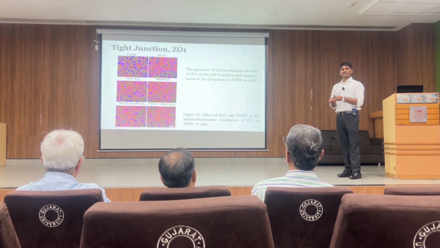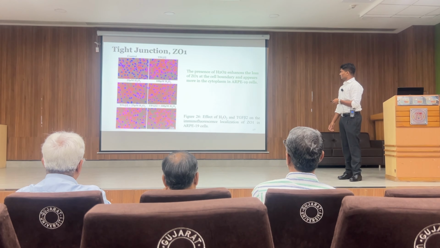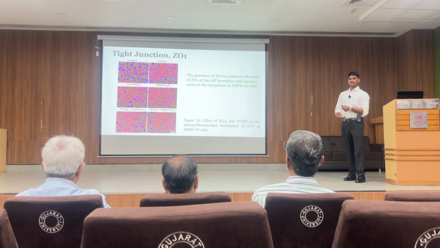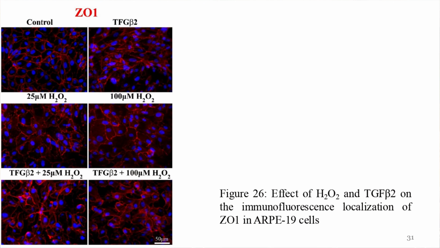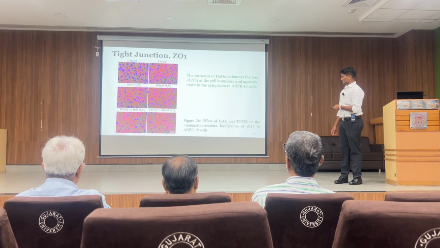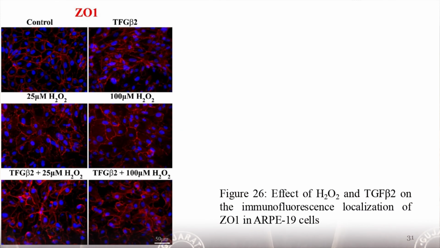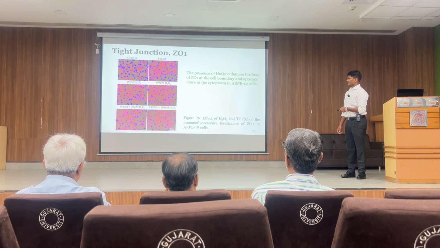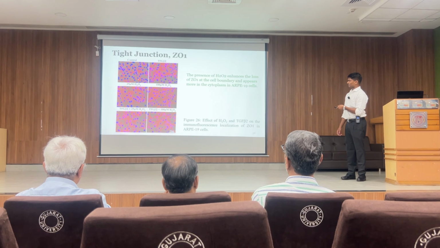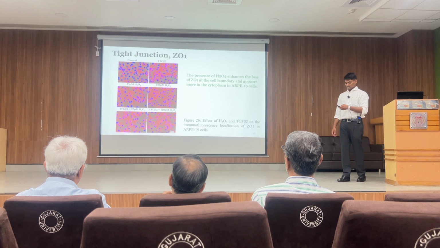This picture explains the disintegration of the tight junction protein ZO1. From this lowermost picture, when we compare with the normal ARPE-19 cells, we can see delocalization of the ZO1 protein. It means that ZO1 disintegrates from the cell junctions and transfers into the cytoplasm. So disintegration of the junction protein results, and that is due to oxidative stress.